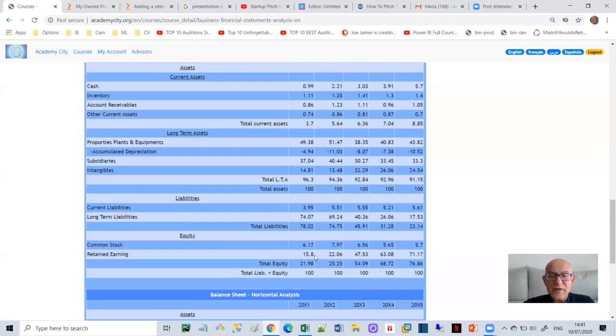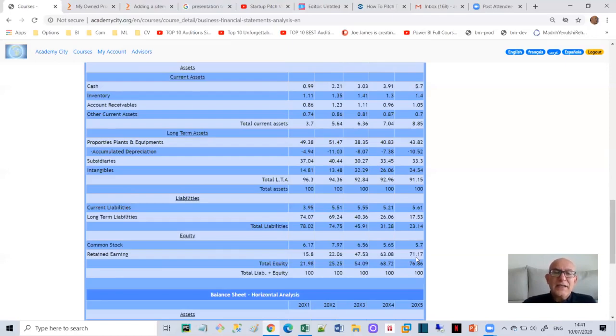If you look at this, you see the common stock is almost the same, between 5 and 6, close to 6 over the years. On the other hand, retained earnings is growing. That means the company is probably keeping a lot of their profit and not distributing it as dividends. And that immediately comes out of this analysis.